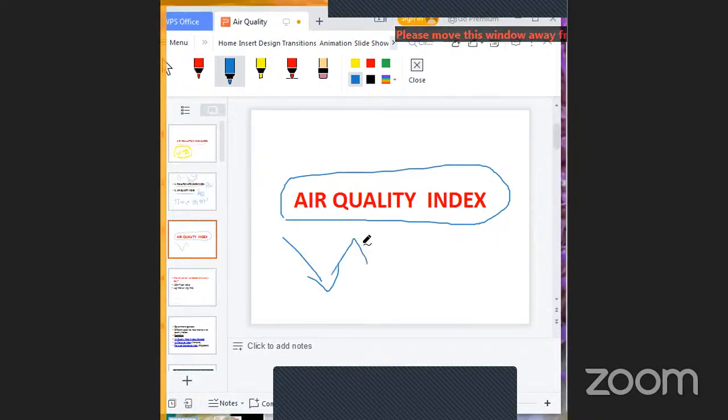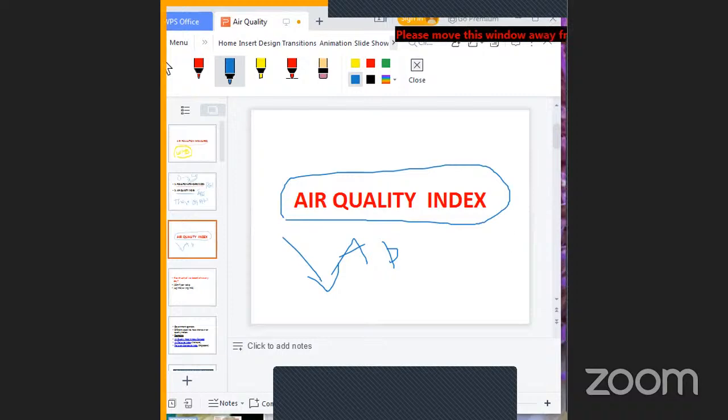Air pollution, right? Air pollution. So we know that air is one of the most important things for any living organisms on the earth planet. But it is a pity that it is contaminated every day for various reasons, right?